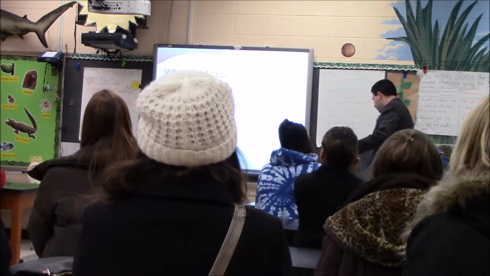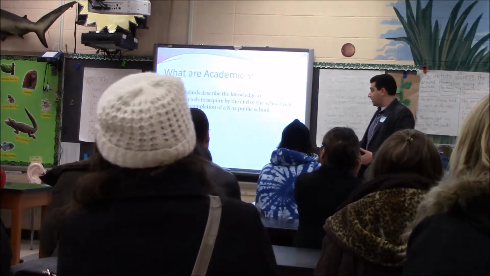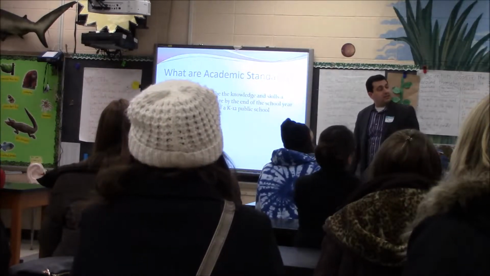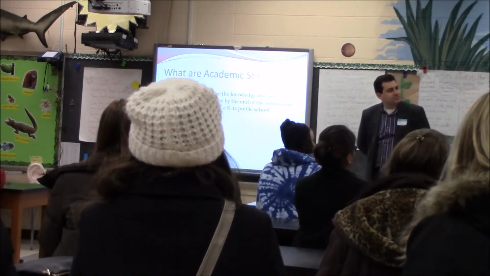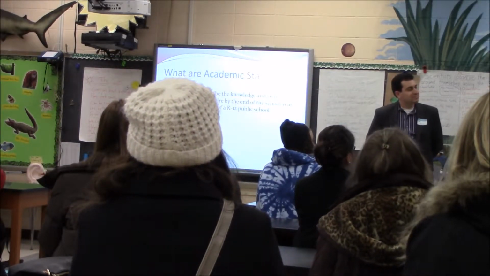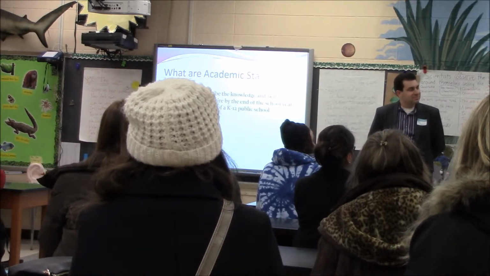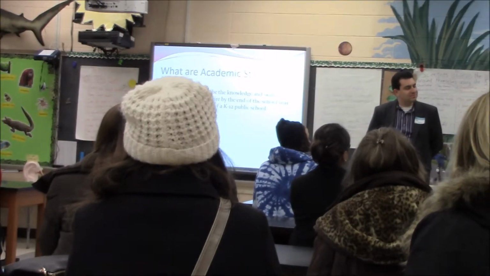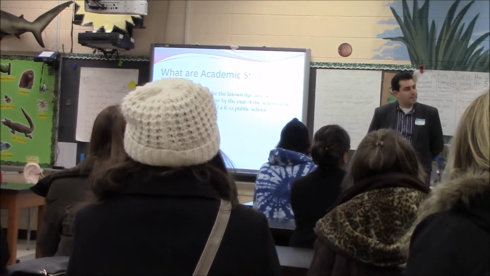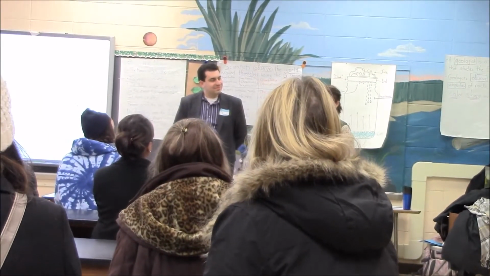First thing we're going to talk about is what exactly are academic standards and what do they mean? So science has our own set of academic standards, which are the Next Generation Science Standards, and they were adopted this year. The nice thing about them is they have a whole section at the bottom that says how they align to Common Core, a section on Common Core alignment to math, Common Core alignment to ELA.